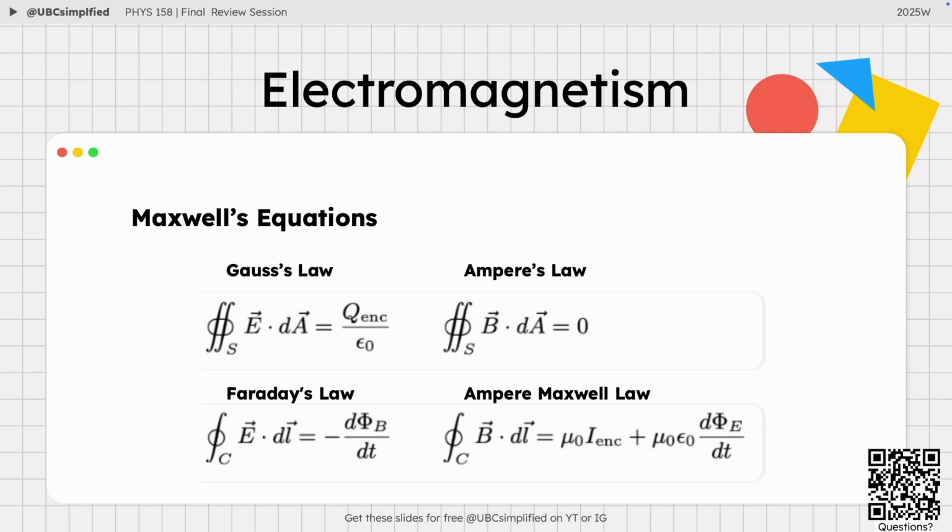So he introduced displacement current, which is totally weird because it's not a current and nothing is moving. All it is is the electric field changing, which is mathematically the same as a current. So he called it a current. And when you add that into the equation, you get the Ampere-Maxwell law.